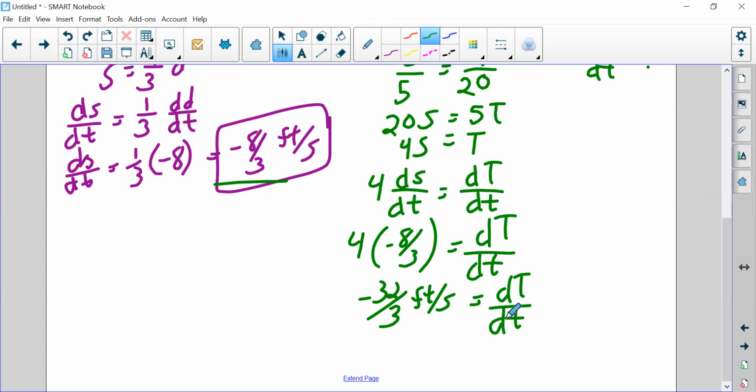So that's the simplest way I have it. There are other ways, but that's the simplest way that I found that you could do those too.